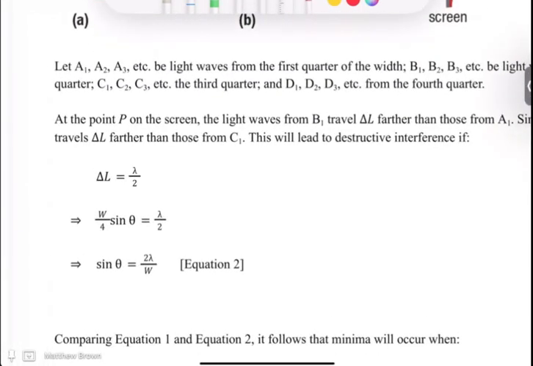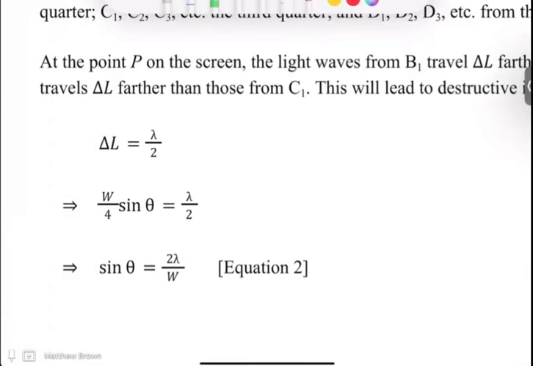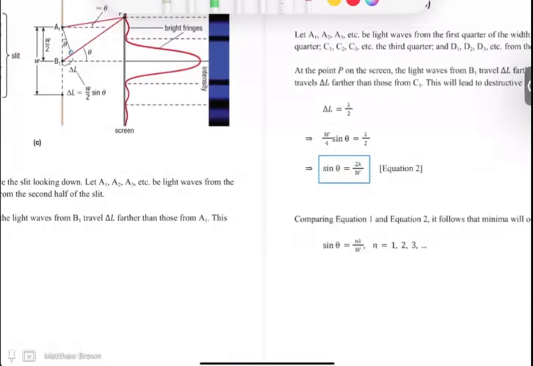Or I did it here on the bottom, right? You do the same thing. And you end up with a very similar equation to what we had before, only now you'll notice it's 2 lambda over W, right?